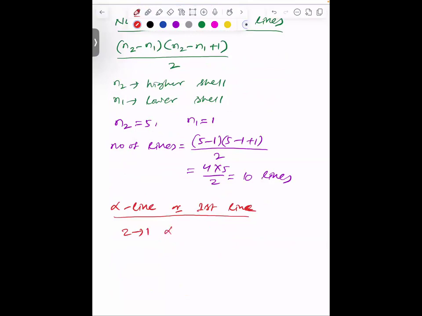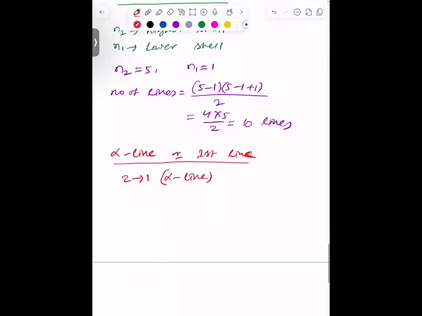So that's why we call it alpha line in Lyman series, corresponding to the first line. So alpha line means the transition of electron from the nearest shell.